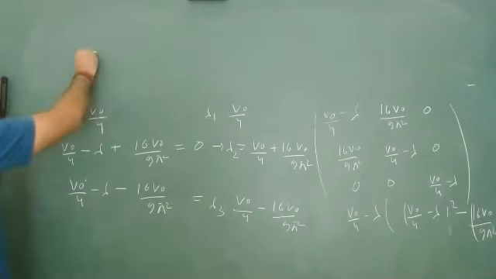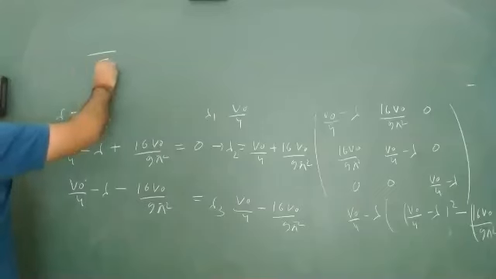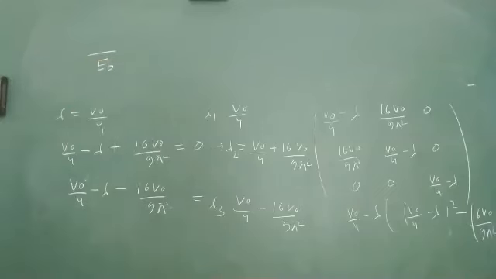So initially we have E naught as my eigenvalue, 6 E naught before perturbation. After the perturbation, it will break into 3 parts.